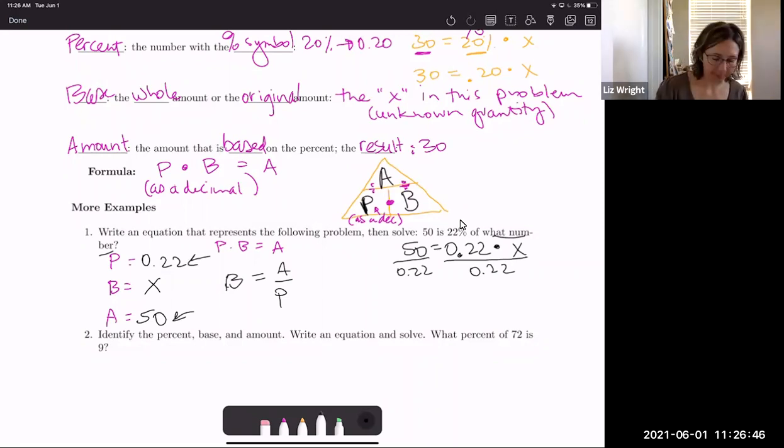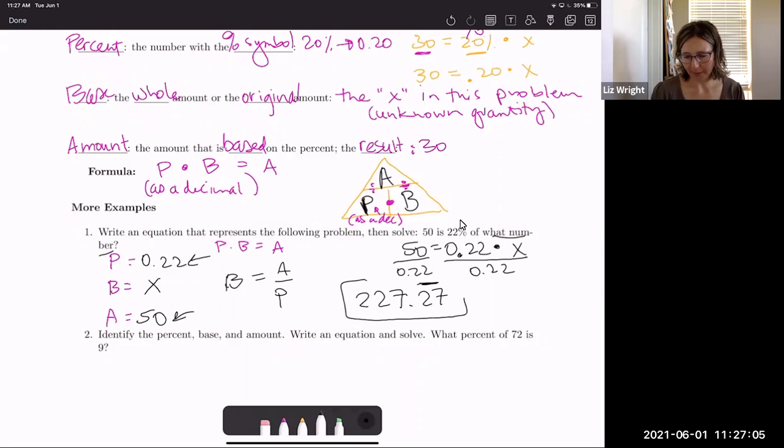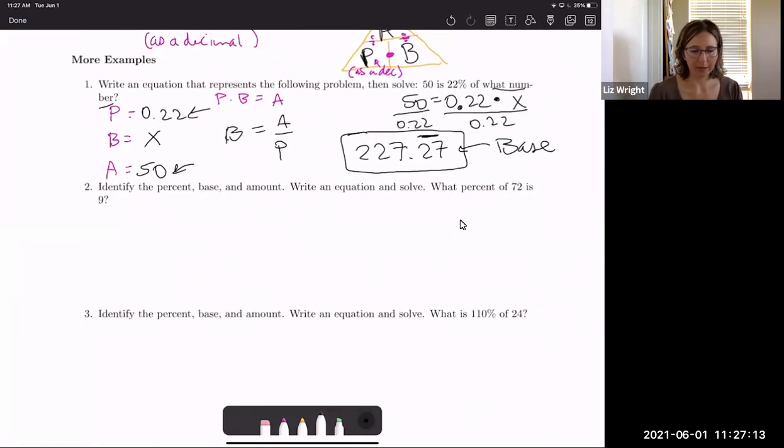I'm going to see what I get. 50 divided by 0.22 equals 227.27, and that 27 looks like it's repeating, so I'm going to put the repeating bar over it. And so that ends up being my answer. This is my base, the 227.27 repeating.